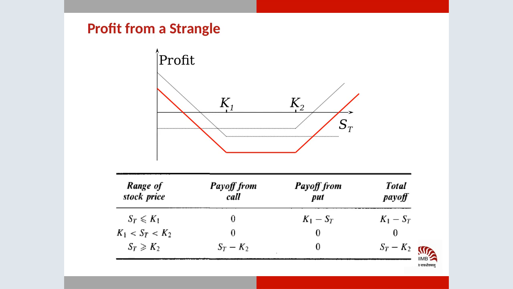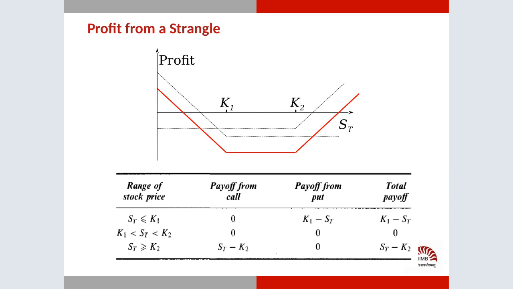So the straddle and the strangle both are expensive, but between the two, the straddle is slightly more expensive than the strangle.